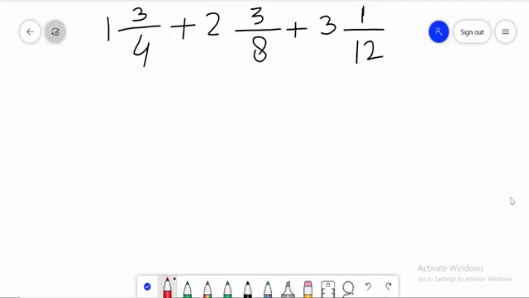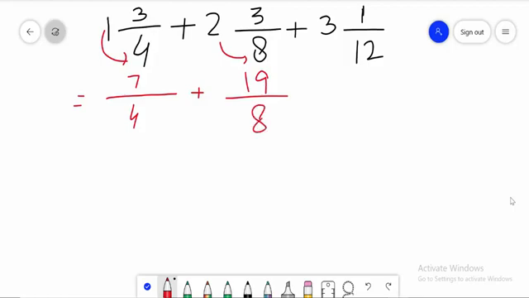First of all, what to do with these fractions? 1 multiply 4, 4 1s are 4, plus 3 is equal to 7 over 4, plus 2 multiply 8, 2 8s are 16, plus 3 is equal to 19 over 8, plus 3 12s are 36, plus 1 is 37 over 12. This is the fraction after converting the mixed numbers.